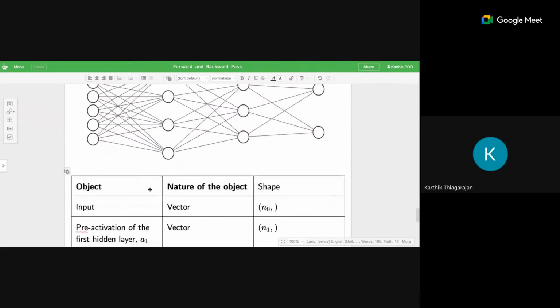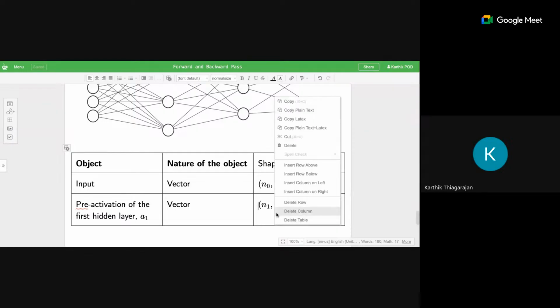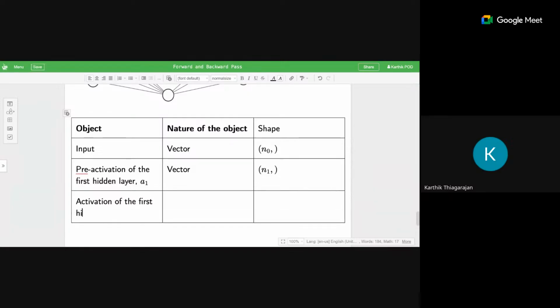Let me know if this is not clear. What is the activation of the first hidden layer called? H1. This is also a vector.